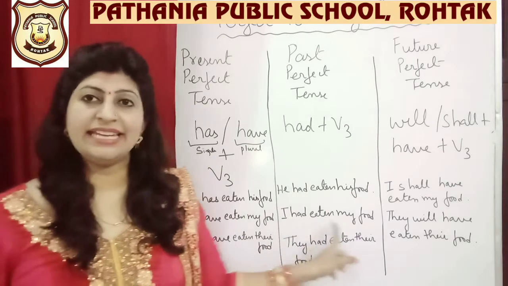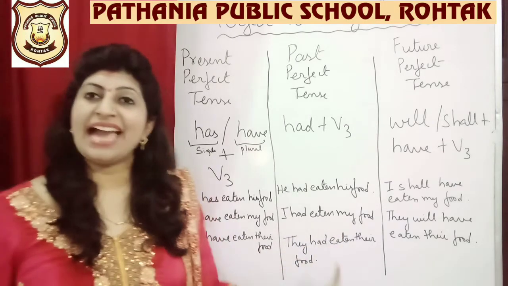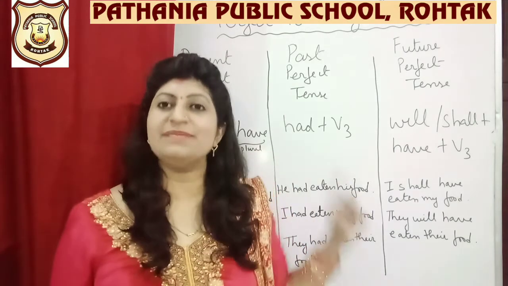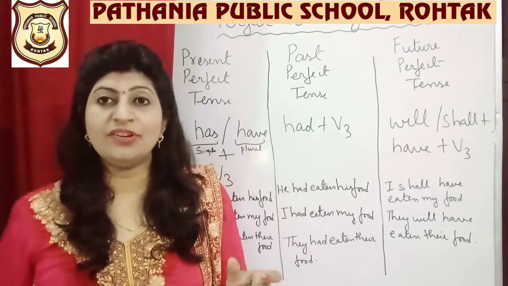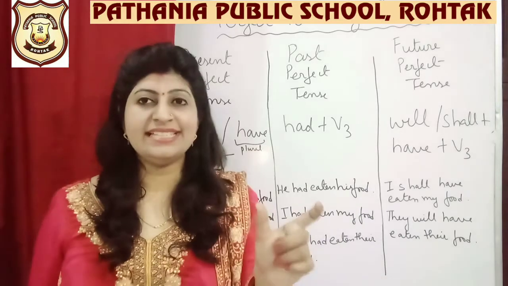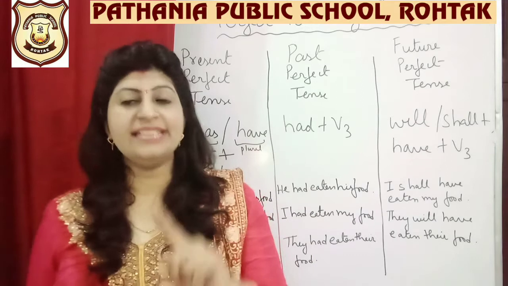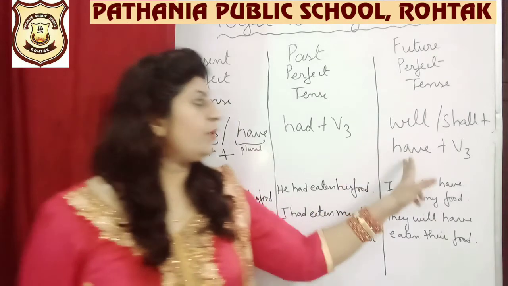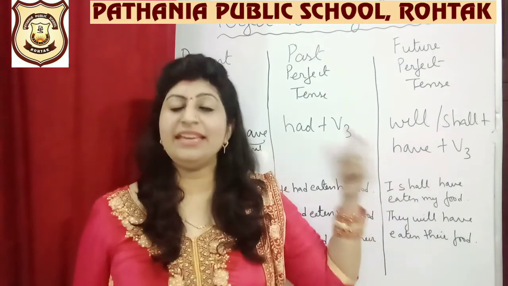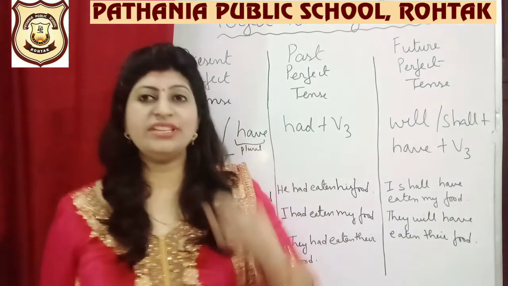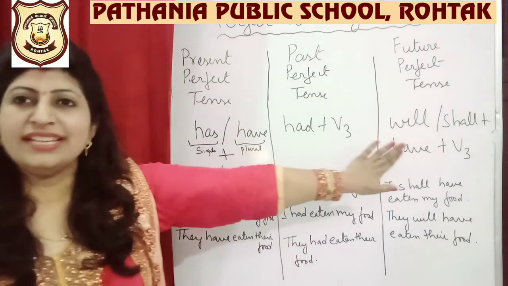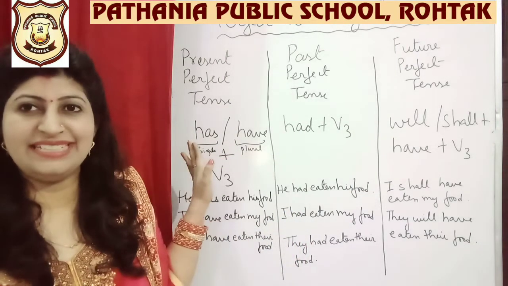I had eaten my food. They had eaten their food. So the word had is telling me that it is past. And the word eaten is telling me perfect, because eat, ate, eaten. Eaten is telling me perfect. Had is telling me past. Will, shall is telling me future. But one more thing you have to remember, like I said, that future is always copying the present tense, right?